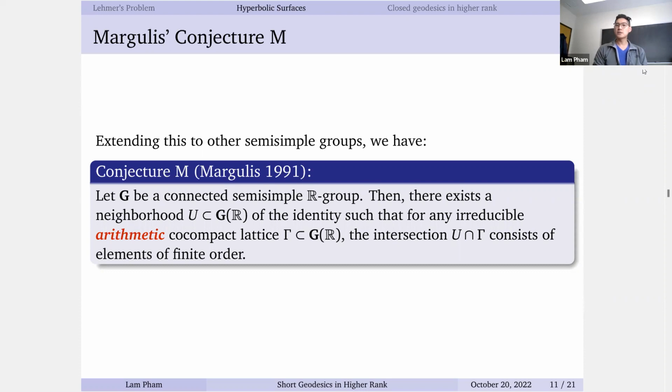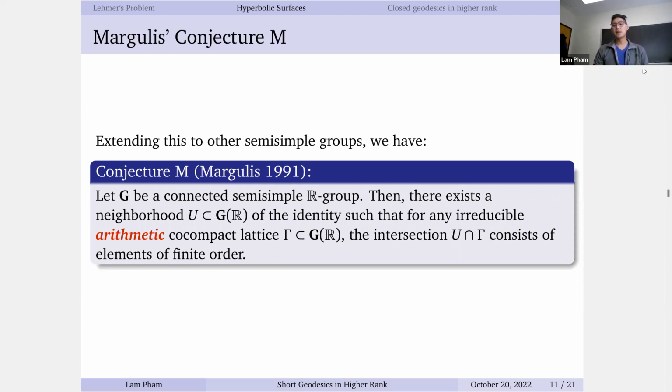You can also phrase this by taking your lattice to be torsion-free, so it has no elements of finite order, meaning that this intersection is trivial. So you would be able to find one neighborhood of the identity which avoids all the co-compact lattices.